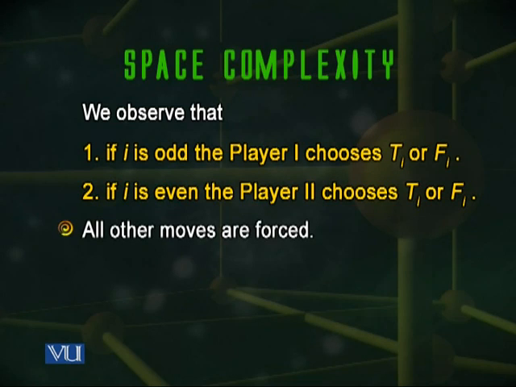All other moves are forced. Well, the choices Ti or Fi are the assignment of a variable. Remember, player 1 in the formula game assigns the existentially quantified variables, and player 2 assigns the universally quantified variables.